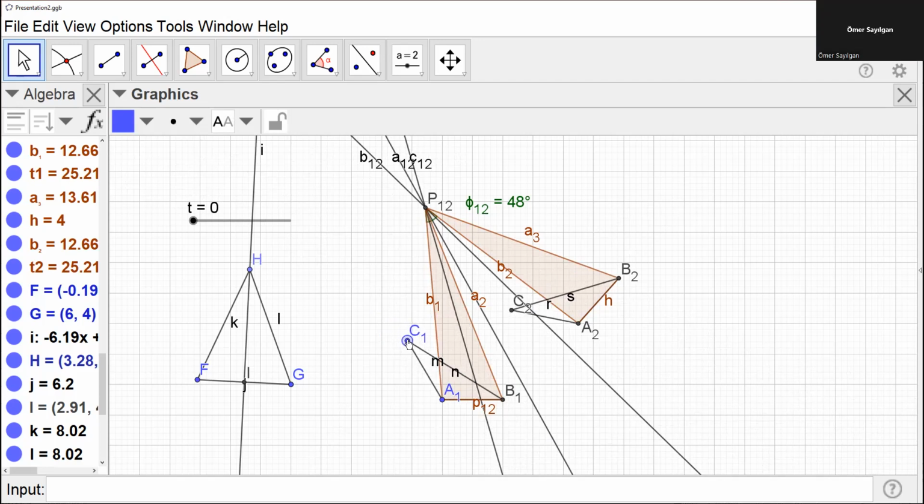Yes, sir, may I ask you a question? Of course. Can we select points not in the object, but out of the object in space?